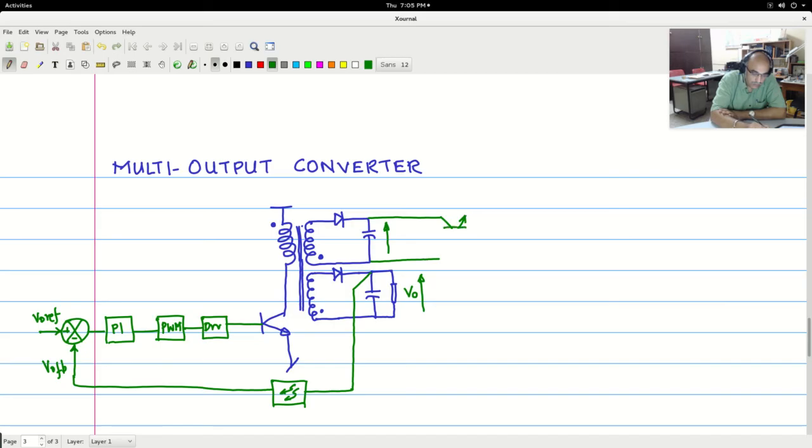like this, and have an inductor, capacitance, and a circuit something like this.